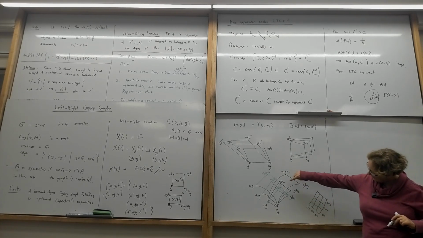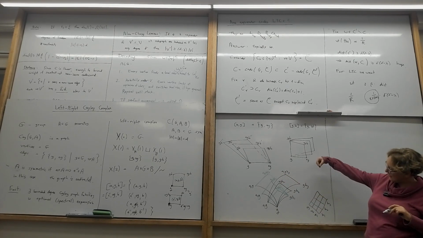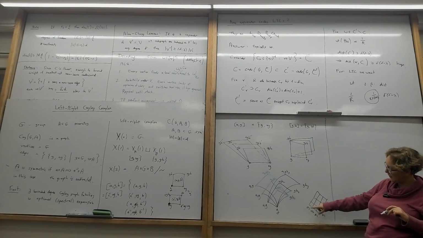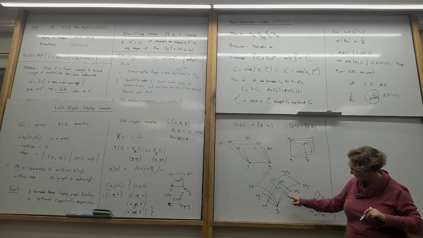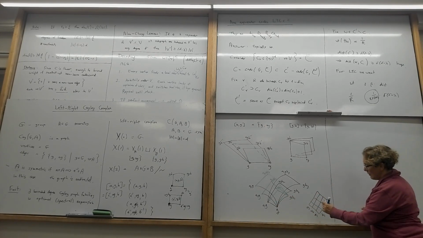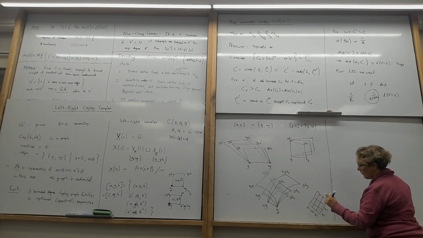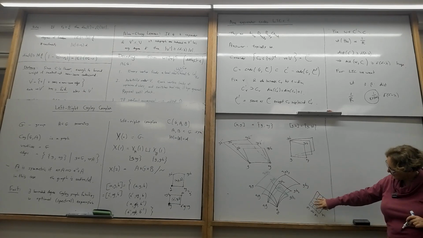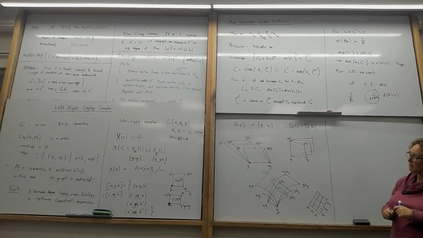Every square has an endpoint that is not one of the neighbors of G, and the other endpoints are either G, AG, or GB. So in each one of these I have a square. These are all the squares touching G, and they're arranged in this matrix form.